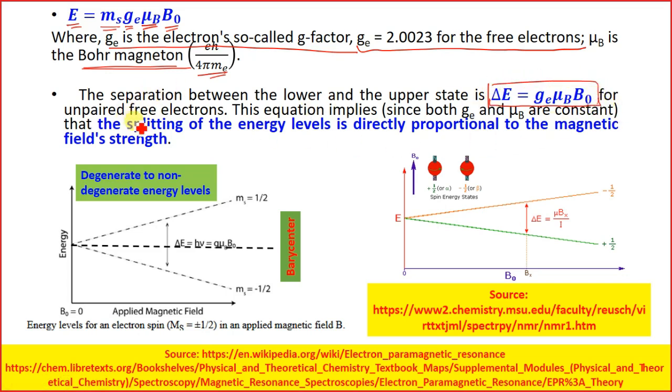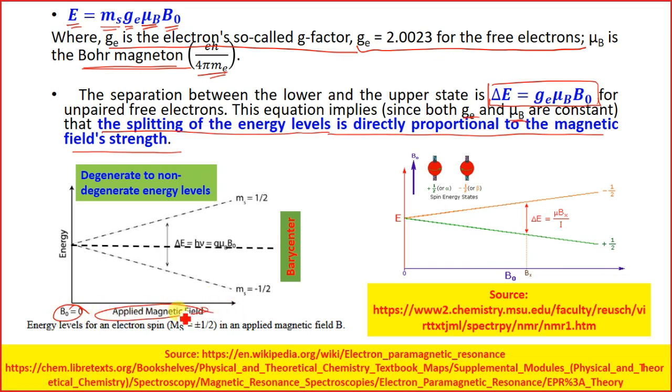So for unpaired free electrons, this equation implies, since both Ge and mu b are constants, that the splitting of the energy levels is directly proportional to the magnetic field strength. So similar to NMR, over here also we are getting the same thing.